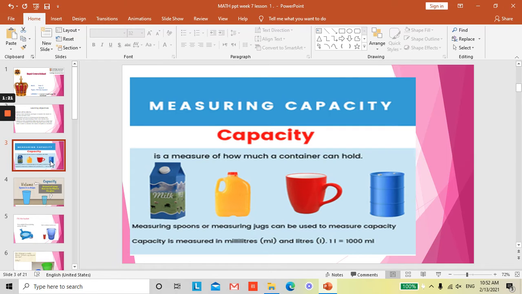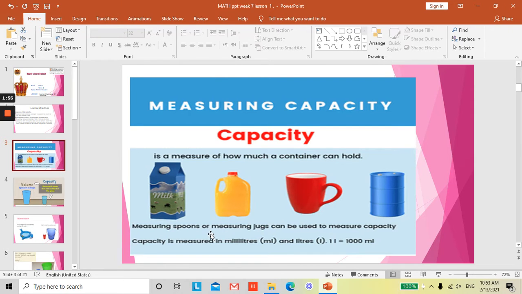In our previous lesson, we talked about volume and capacity, and we said that capacity is a measure of how much a container can hold. Here we have some containers. We have milk and we have other containers also. We have a cup here.